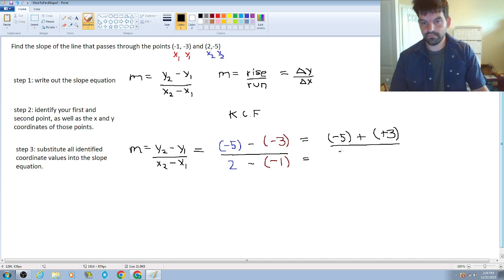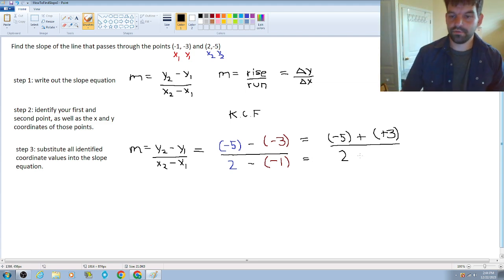So we have keep, change, flip. We'll keep the first number. We'll change the operation from subtraction to plus. And then we'll flip or do the opposite value of the second number, which will be the opposite of -1, being +1. Okay. And then we can just do some simplification here.